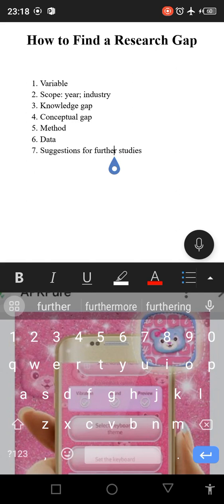So your gap for variable, your gap for scope, your gap for method, your gap for data is compulsory. If you are lucky to see them in the literature that you map out, that's beautiful. You could combine them together. The more gaps you identify, the better your work contributes to social studies, or let me just say social objectives or social goals in your field.